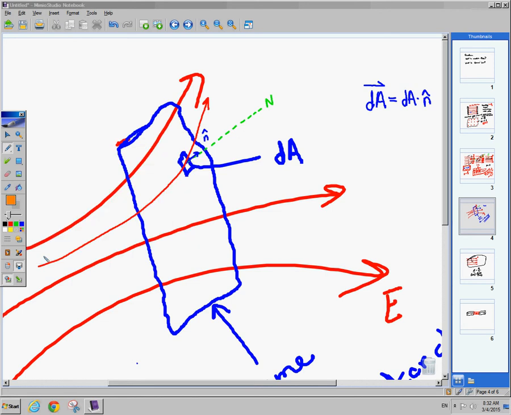So right where the electric field crosses that little piece of area, I have a little electric field strength right there. A little piece of the electric field, dE, and that is a vector quantity.